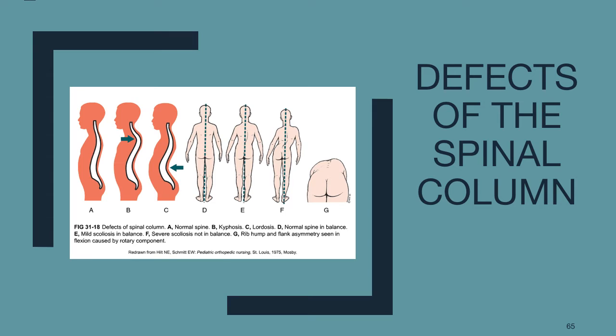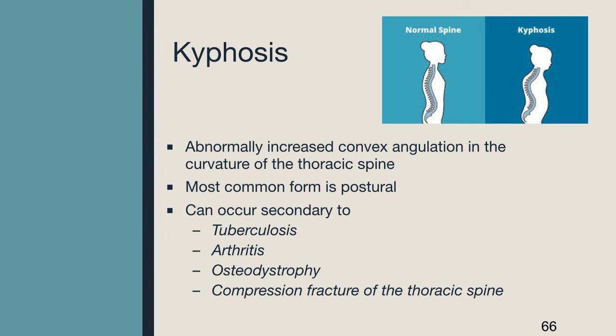I'm not going to spend a lot of time talking about defects of the spinal column because you did your spinal screening course just the other day. So we know about the different types. Kyphosis is an abnormally increased convex angulation in the curvature of the thoracic spine. So remember where these things are, whether it's in the thoracic spine or the cervical spine or the lumbar spine.